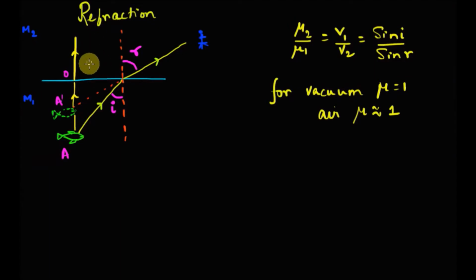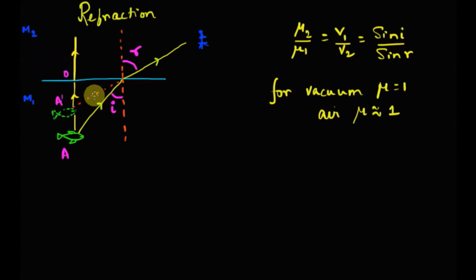So let's understand refraction. Let's say we have a fish inside water, and above the water we have air, and in the air, let's say on a boat, there is an observer who is observing the fish. Water is a transparent medium, let's denote it as M1, and so is air. Let's denote the medium air as M2.